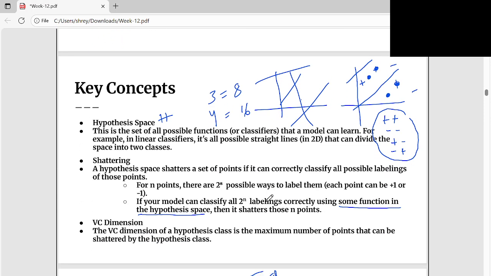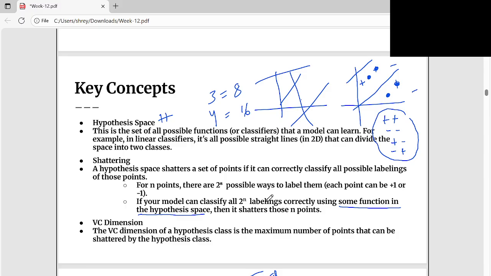Shattering means, let's say you have a hypothesis space. If I am talking about a hypothesis space, it is a set of hypotheses, not a single hypothesis. So a hypothesis space can shatter a set of points. A set of points means there can be n points, 1 point or 2 points, and I want to ask how many points this hypothesis space is able to shatter.